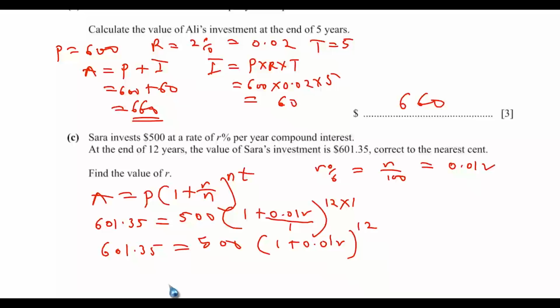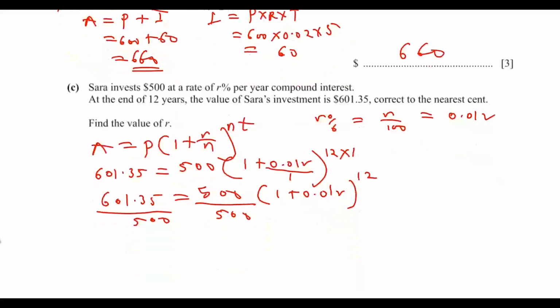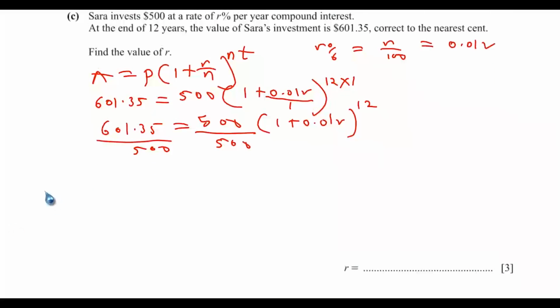We can first divide both sides by 500 to get rid of the 500 on the right-hand side. So that will give us 1.2027 equals (1 plus 0.01R) to the power of 12.